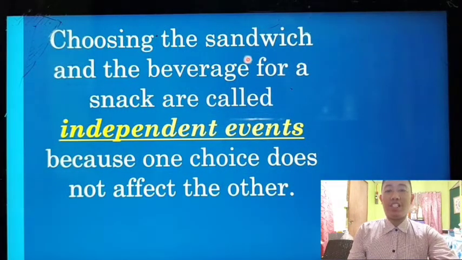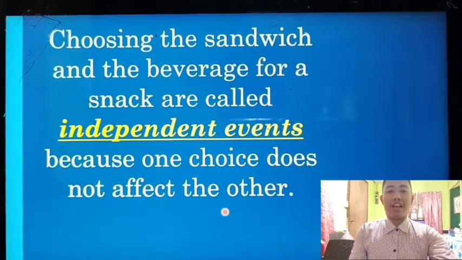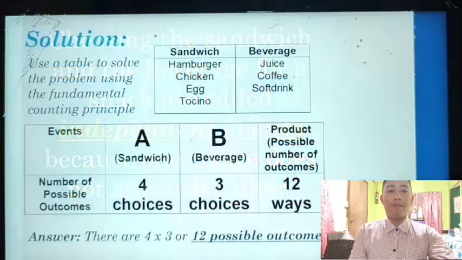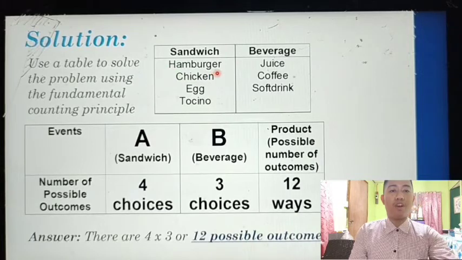Choosing the sandwich and the beverage for a snack are called independent events, because one choice does not affect the other. So let's go back to the given problem. We all know that the different choices of sandwiches cannot affect the choices of the beverage. For example, hamburger is one type of sandwich. It's a kind of food.